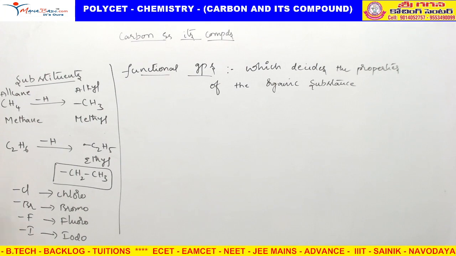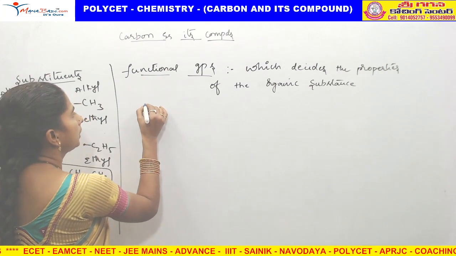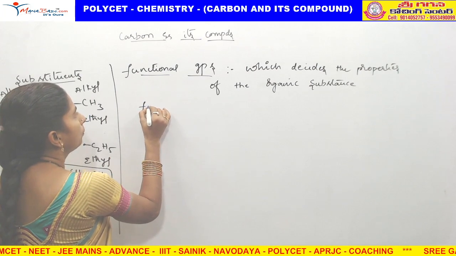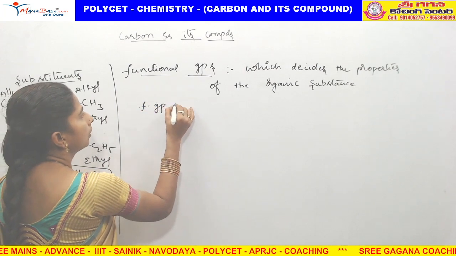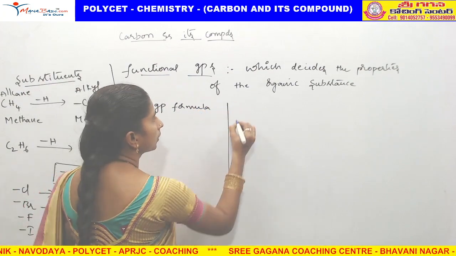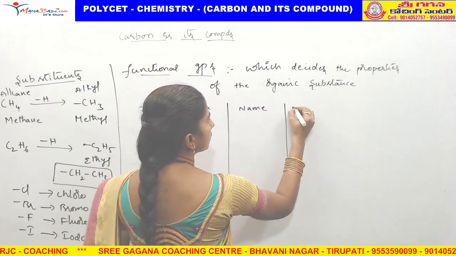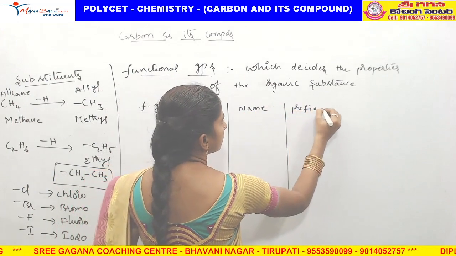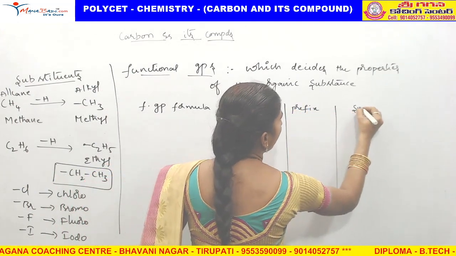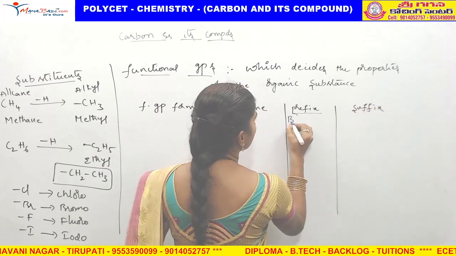I hope you understand. Now coming to the functional group. Now I am writing the functional group: formula, name, prefix, suffix. What is meant by prefix and suffix? Prefix means before the name.